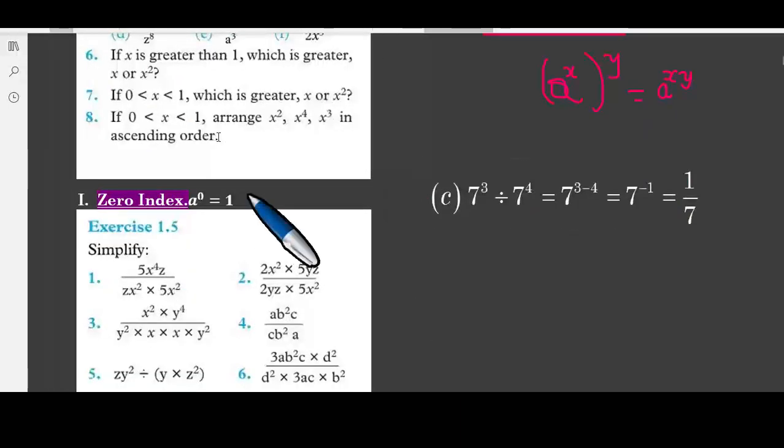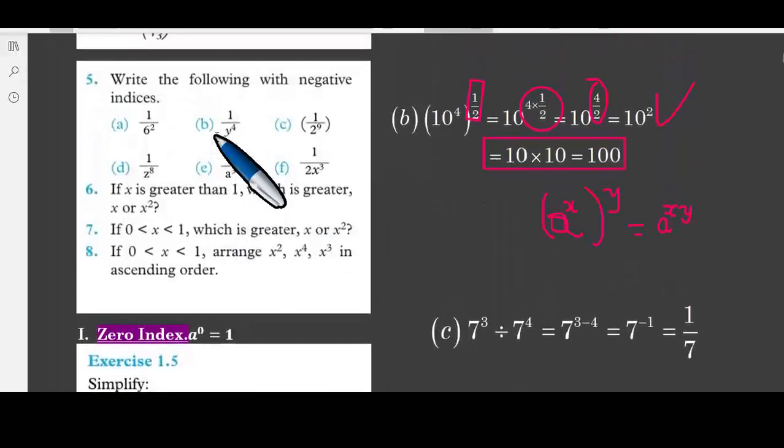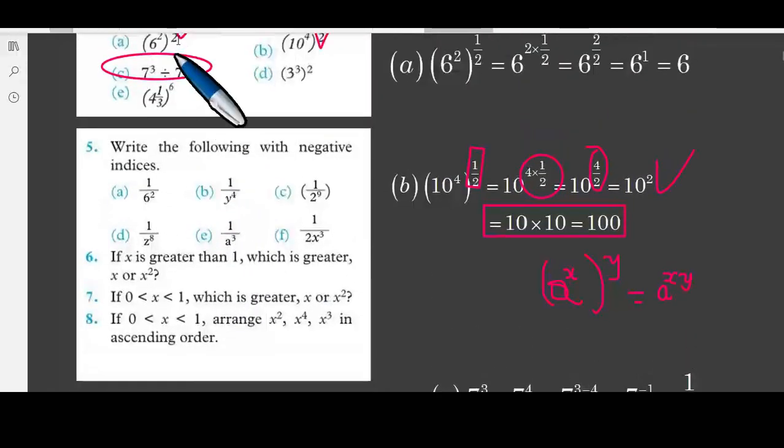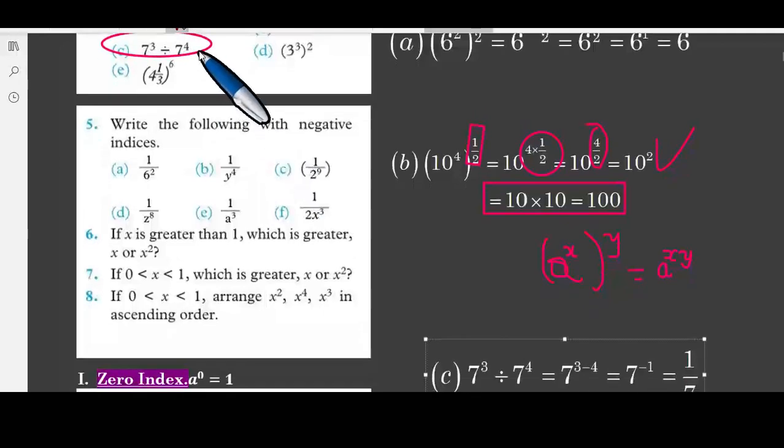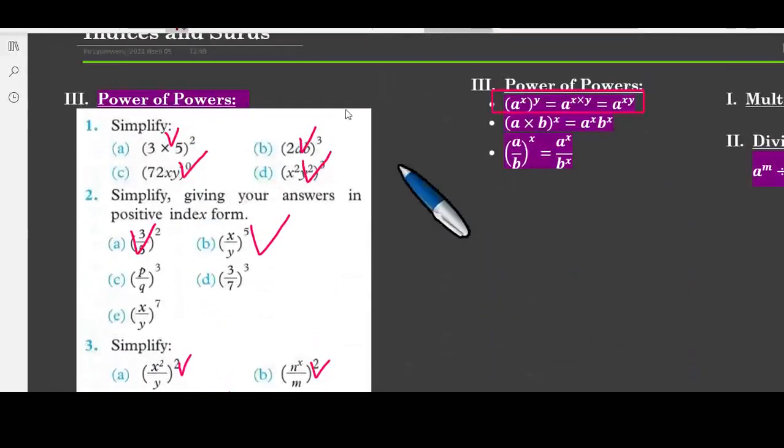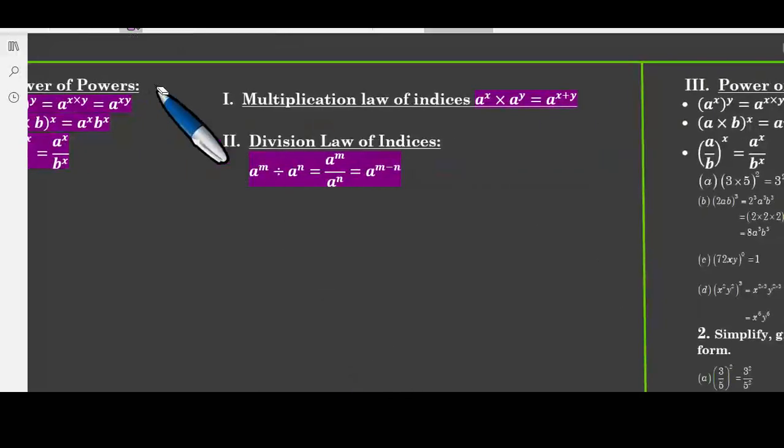Solving problem number C. See here, which law do we apply? This one we saw in the previous video. That video is already on our channel.